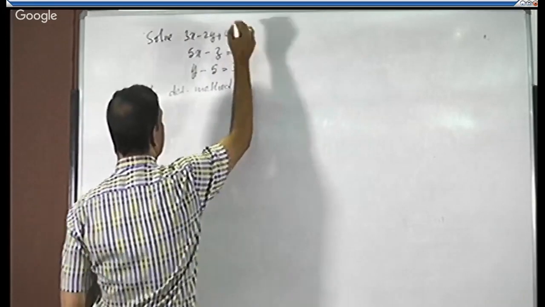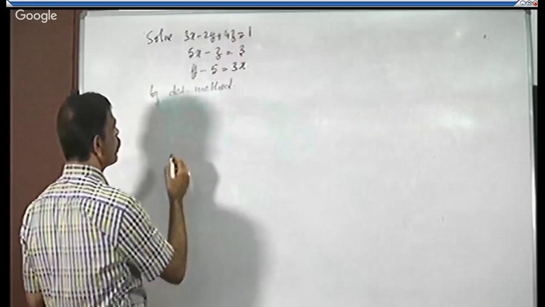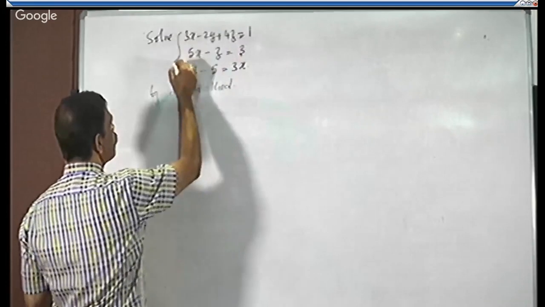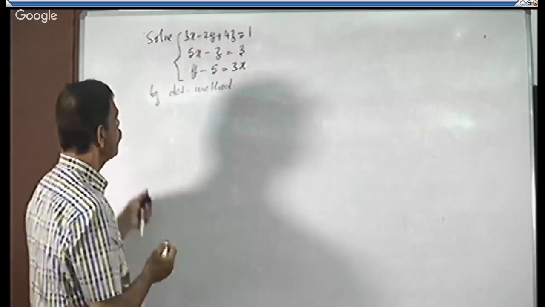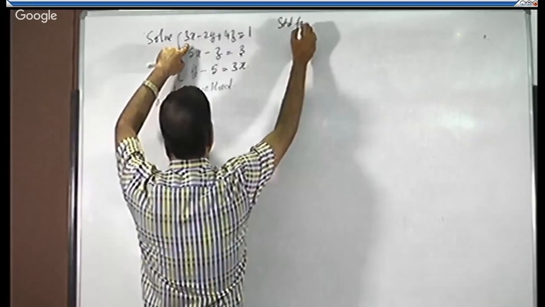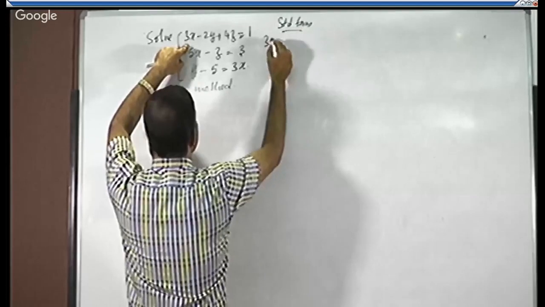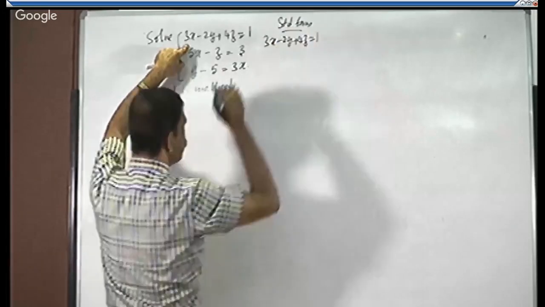Sometimes the unknowns will be given in different forms. First, see whether the equations are in standard form. The first equation is 3x minus 2y plus 4z is equal to 1. It is in the standard form, right?